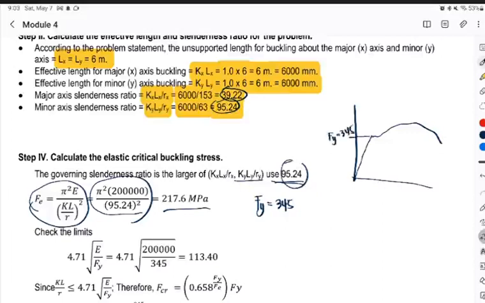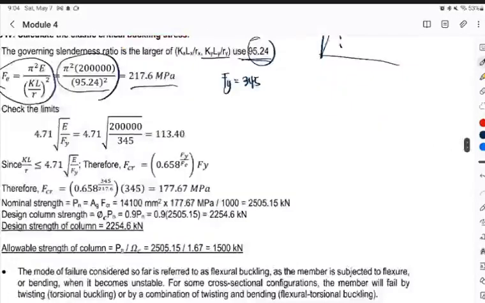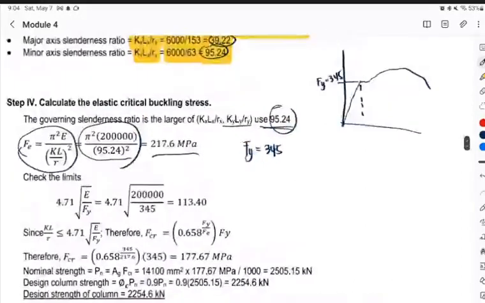Diba sabi natin that buckling, or design for compression, is along the elastic region.